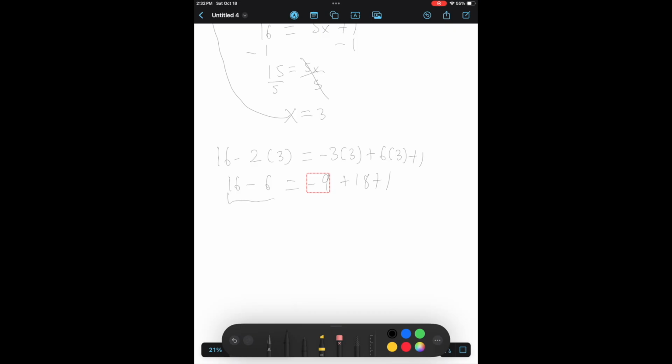If you notice here, this just becomes 10. And if you combine the right side, negative 9 plus 18 is equal to 9, and 9 plus 1 is equal to 10. So essentially what this shows us is that x equals 3 makes this equation true, and that's what we wanted. So that's how you solve equations.